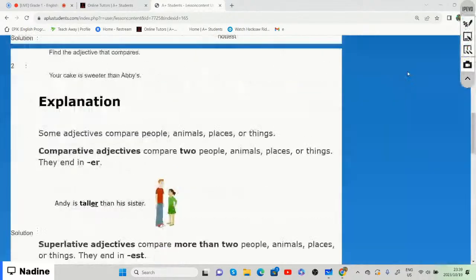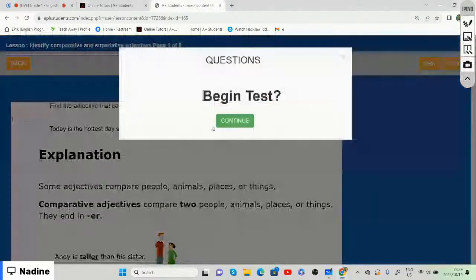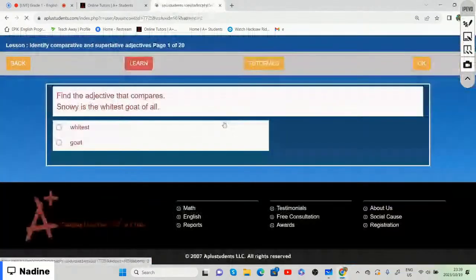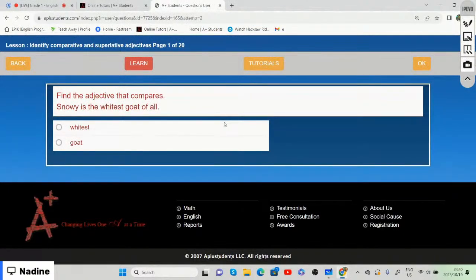Now we're going to our test. We're going to find the adjective that compares. Snowy is the whitest goat of all. We are comparing Snowy to all the other goats. Is the adjective whitest or is it goat?